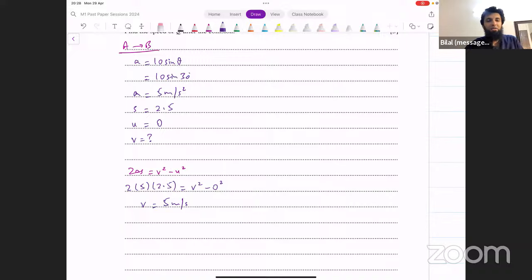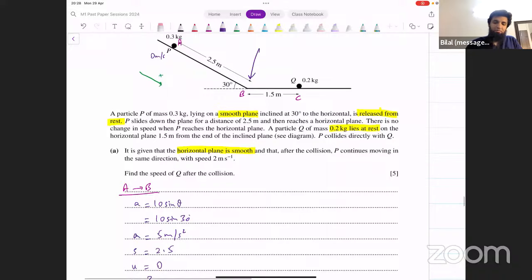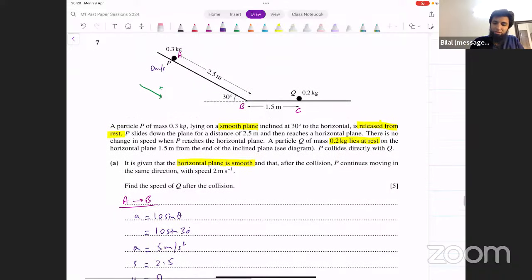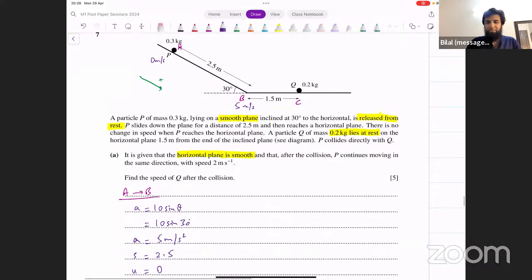This is the velocity of the particle when it reaches this point. The speed of the particle P at this point B is, sorry, why 4.5? 5 meters per second. I wrote 5 there. Yeah, 5 meters per second.